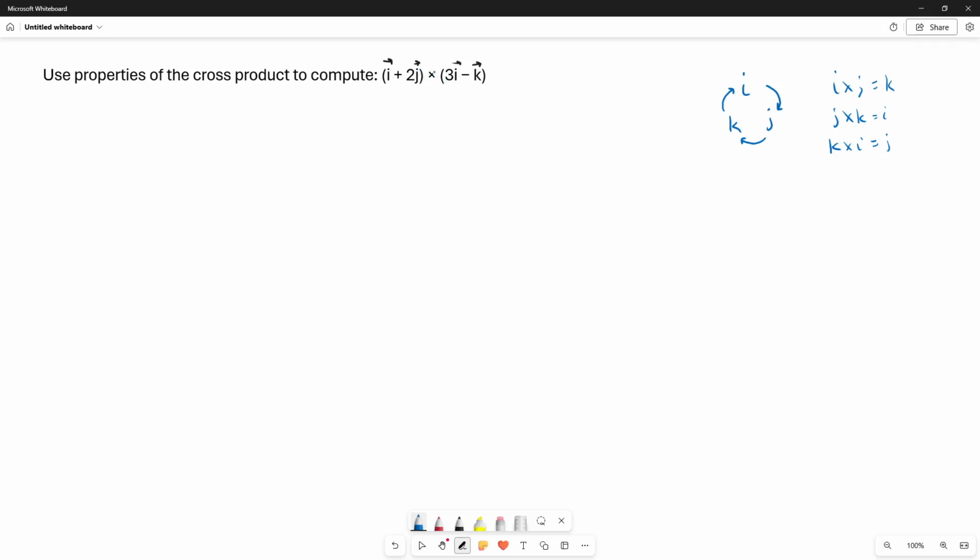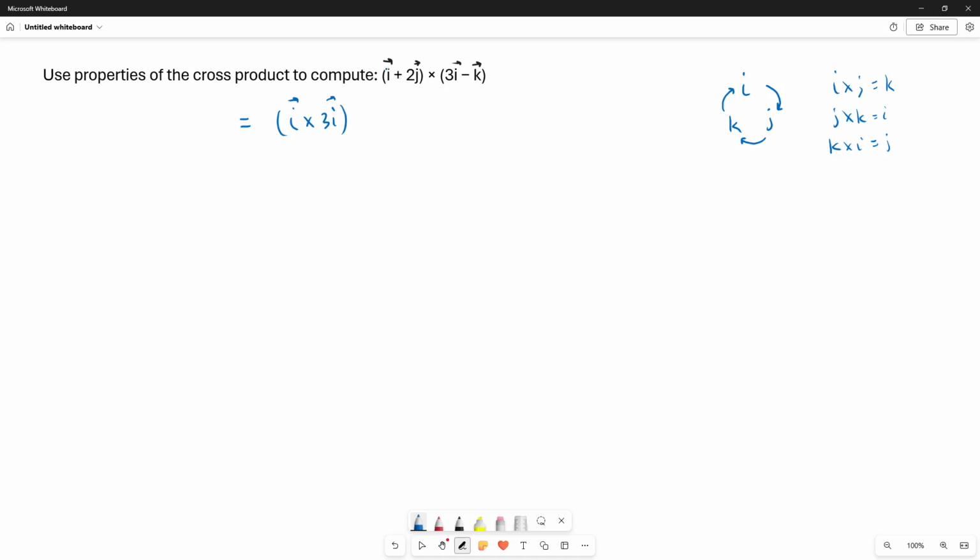Now the cross product can distribute over summation. So we will start this problem by using the distributive property, which essentially means that we can FOIL this out. So i cross 3i, so these should all have arrows over them.